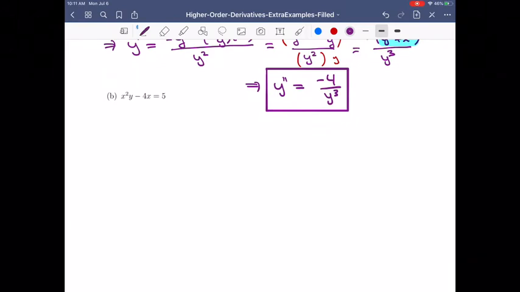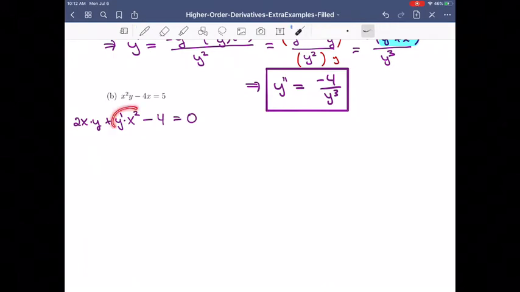So we take the derivative, so we find the first derivative. I need to use the product rule for this term. Okay, so it's going to be 2x times y plus the derivative of y, which is y prime, times x squared, minus the derivative of 4x is just 4, and that's going to equal 0. So only one term has a y prime, so I'm going to move the other terms to the other side.